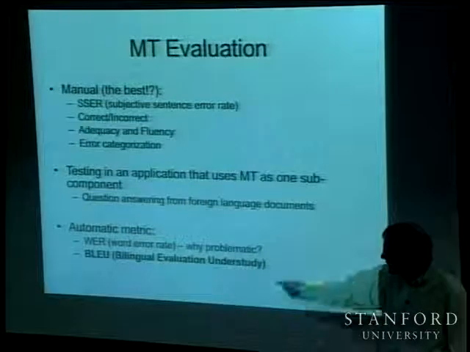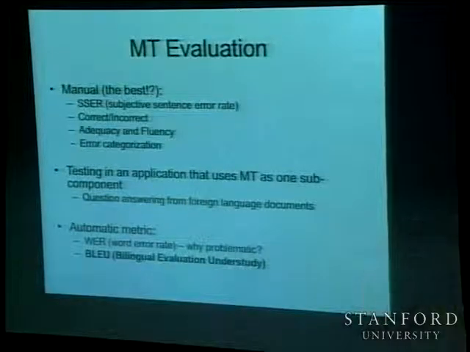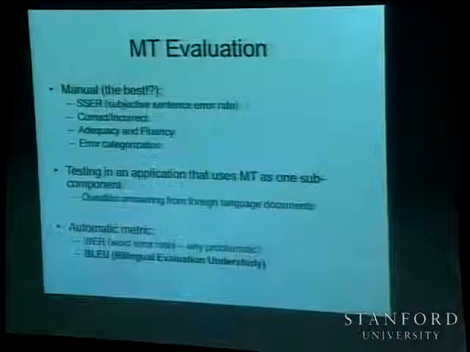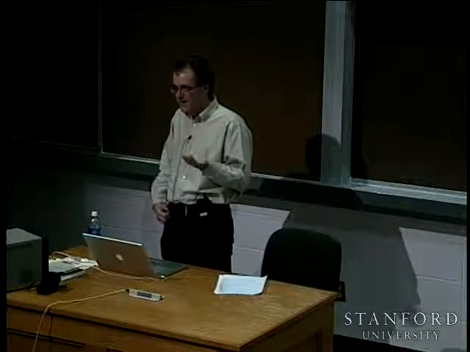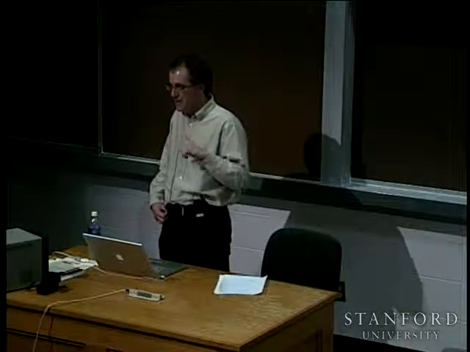So people have tried to come up with various other ways of doing machine translation evaluation, and there are a whole bunch of them, to be honest. It's almost become a sub-industry of coming up with automatic evaluations for machine translation. And there must be something like a dozen now that different people have proposed. But the original one was BLEU, which was proposed by IBM, and that's the one that I'm going to present.